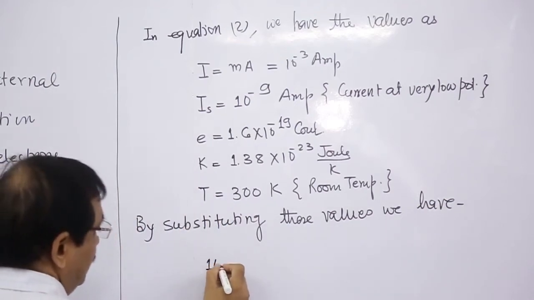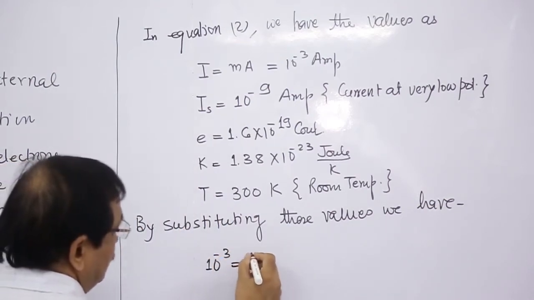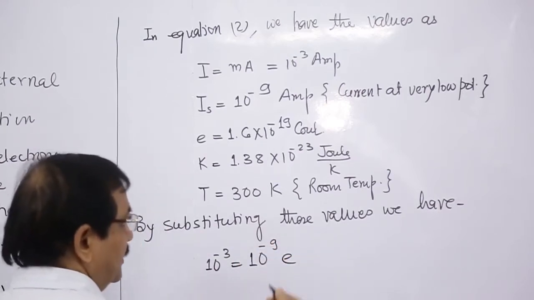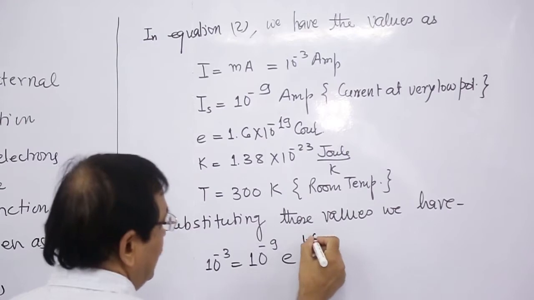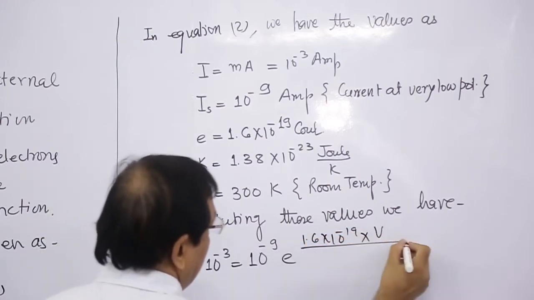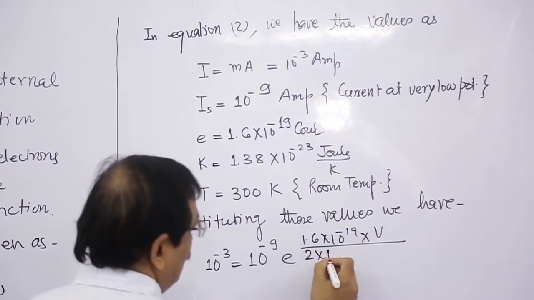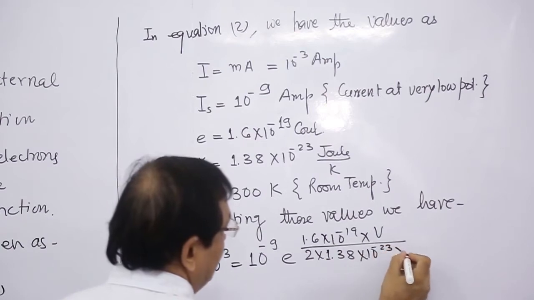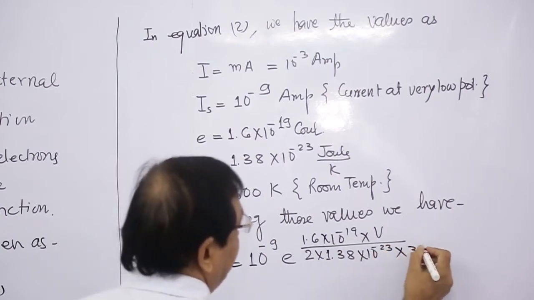10 to the power minus 3 is equal to 10 to the power minus 9 e raised to the power 1.6 into 10 to the power minus 19 into V upon 2 into 1.38 into 10 to the power minus 23 into 300.